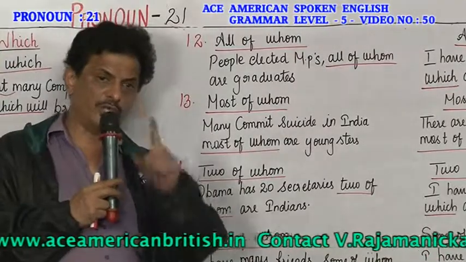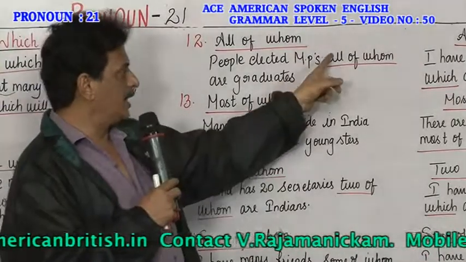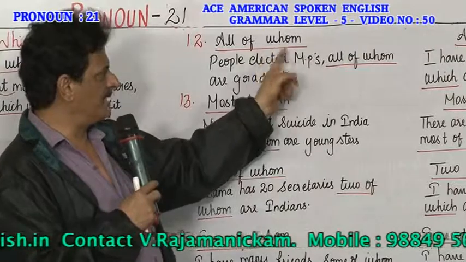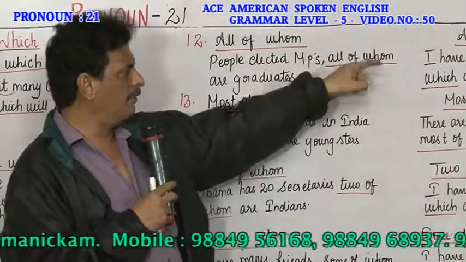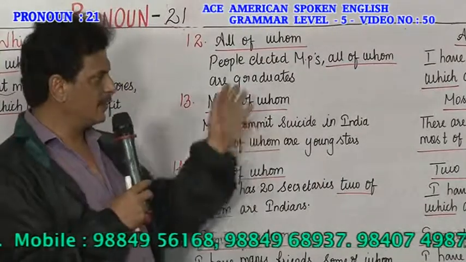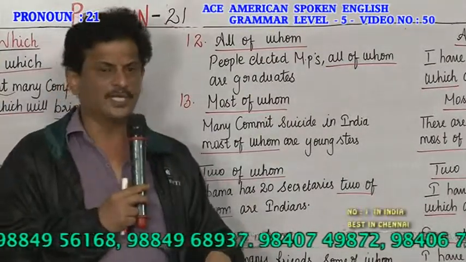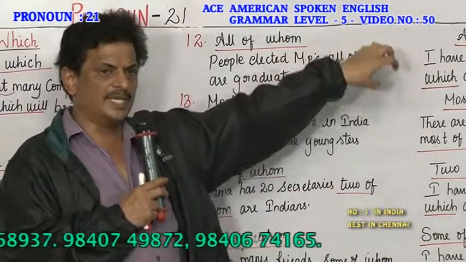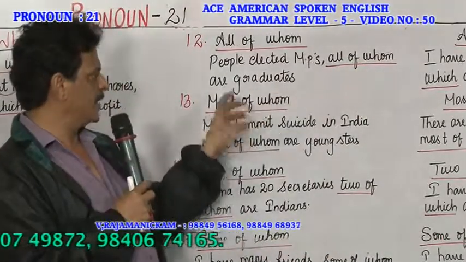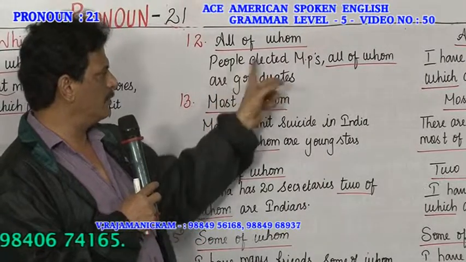You want to mention the MPs with a sentence. Sentence means you should have a verb, and you want to mention the MPs. Since MPs are persons, human beings, you use whom. So all of whom, then you have to have a verb, because it mentions the object with whom. So whom is a relative clause. Then all of whom are graduates.